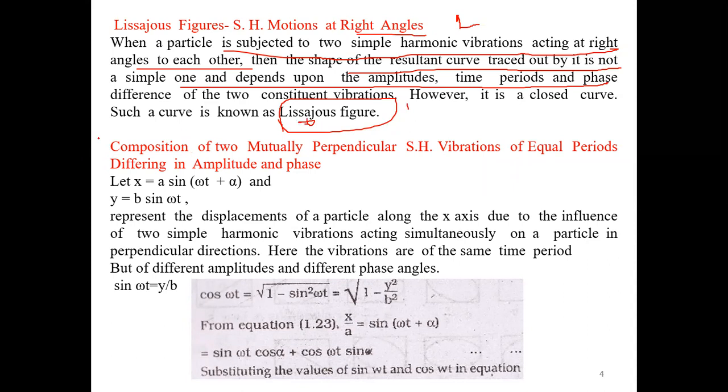Now, our first case is the composition of two mutually perpendicular simple harmonic vibrations of equal periods, meaning equal frequency, but differing in amplitude and phase. This is the simple one.